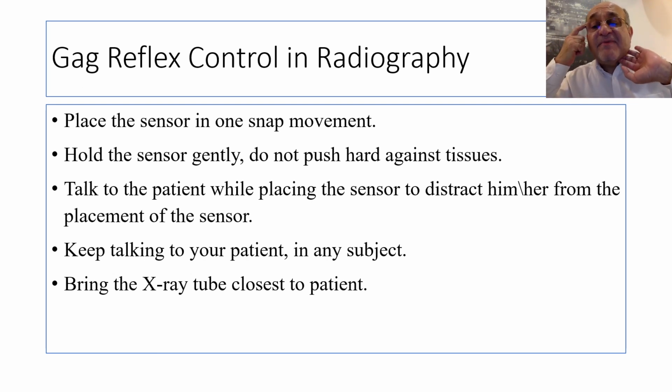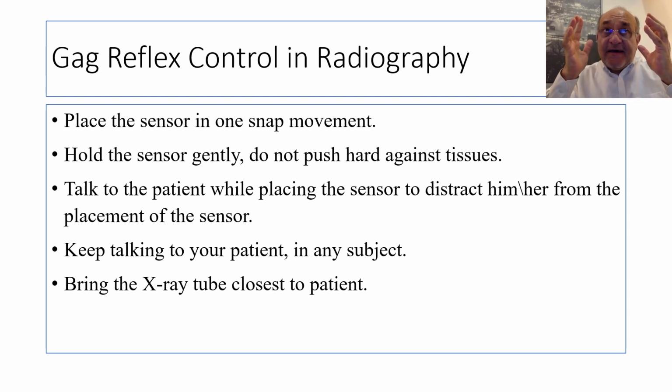The patient's sensation will change from the area of the sensor inside the mouth to your fingers, and the area will be relaxed. This is a good strategy for relaxing the floor of the mouth. It is a motion of distraction, distracting the patient's mind from the area of contact of the sensor with the soft tissue.